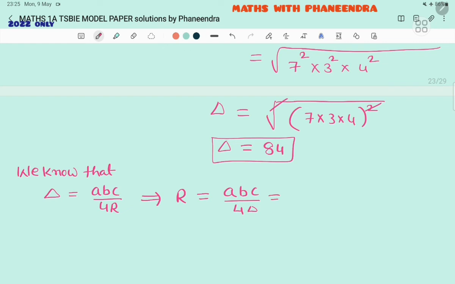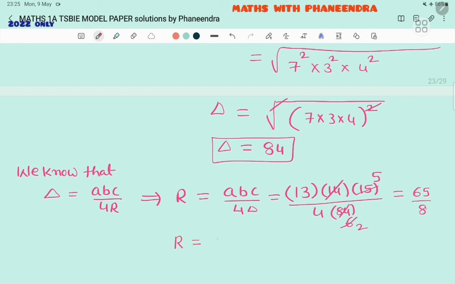So a value is 13, b value is 14, c value is 15 by 4 times delta 84. Cancelling, we get 65 divided by 4 twos are 8. Therefore, capital R is equal to 65 divided by 8. The first question answer is over.